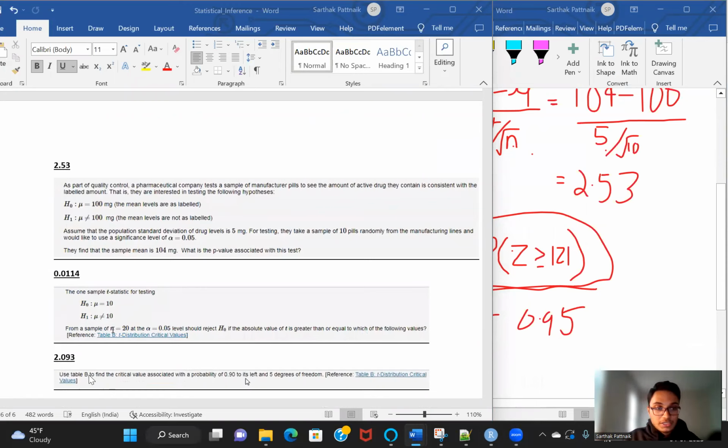So the next question is to find the critical value associated with the probability of 0.90 to its left and with 5 degrees of freedom. So probability to the left. This is interesting.